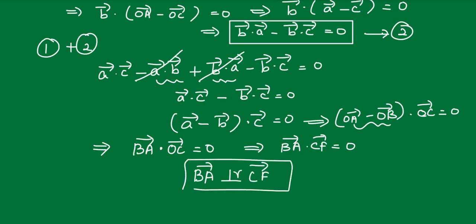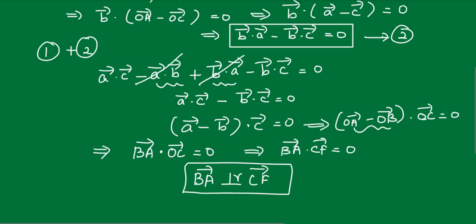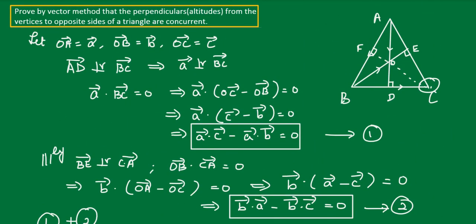So we have proved that the other altitude is also perpendicular to the base, and therefore we can say that the altitudes directed from the vertices of a triangle are concurrent.